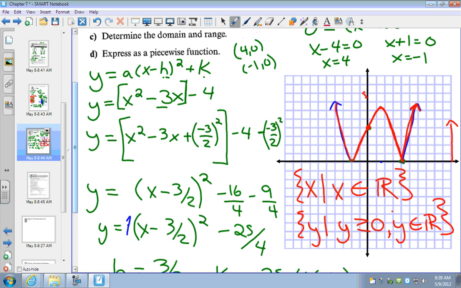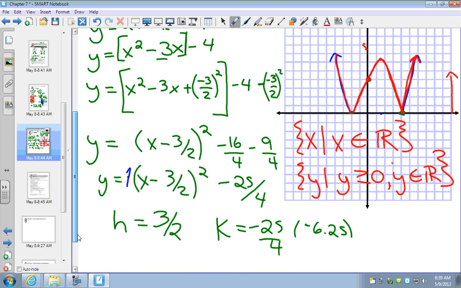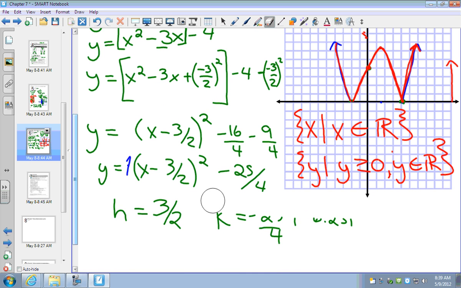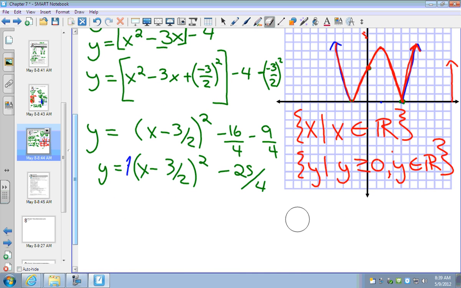Okay. Now we need to do the piecewise. So the graph is just like the positive graph. Remember, let's rewrite our function so we can see it. It was y is equal to the absolute value of x squared minus 3x minus 4. Okay, so remember it was like the normal graph here and there. So that's what I'm going to say.